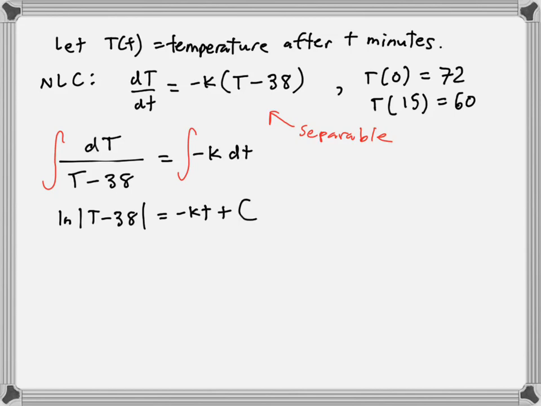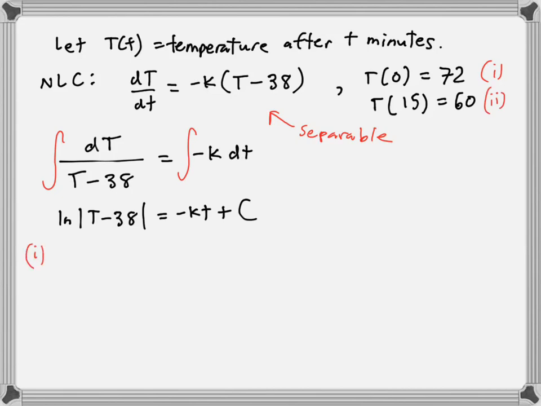Now we're going to plug in the initial conditions, and let's start by plugging in T of 0. So we know that T of 0 is equal to 72, right? Let's call this condition 1, and let's call this one condition 2. So condition 1 gives us the following.